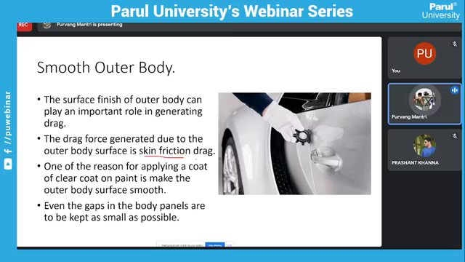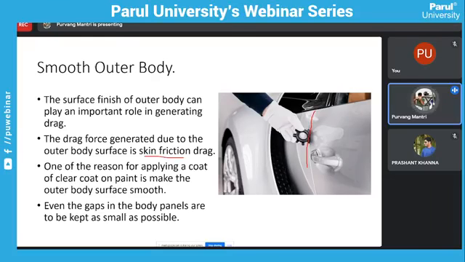So with the help of paint coat and clear coat, we actually try to reduce the skin friction drag. Secondly, the edges of the vehicle, the edges on the body panel, the edges where two adjacent body panels connect, we have to make sure that they are as small as possible, because these gaps tend to create irregularities in the surface of the vehicle.